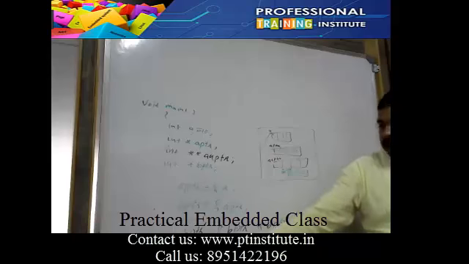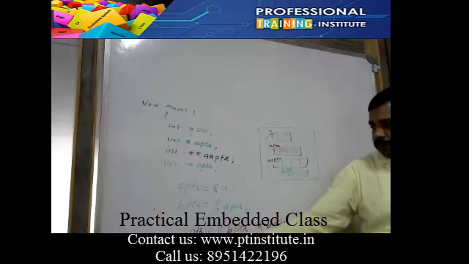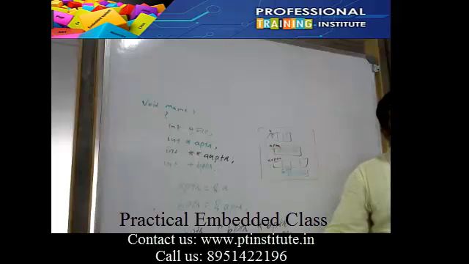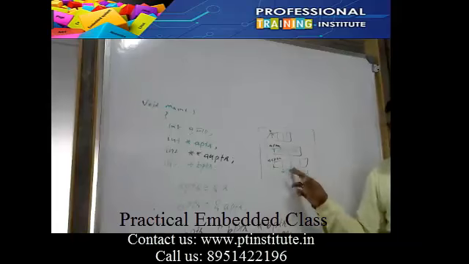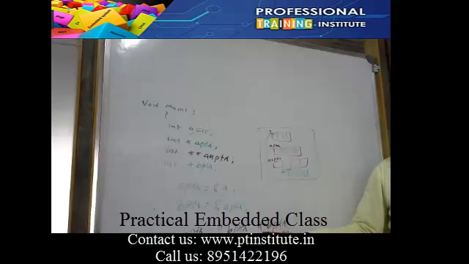So after this line, what will BPTR print? Address of APTR. When I do &BPTR, what will it print? Address of BPTR, no doubt. When I dereference BPTR, what will it print?